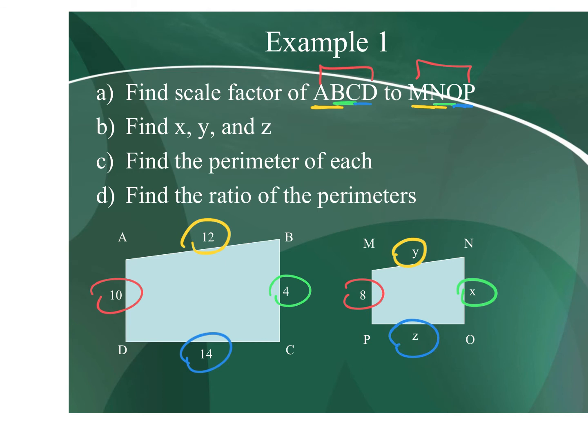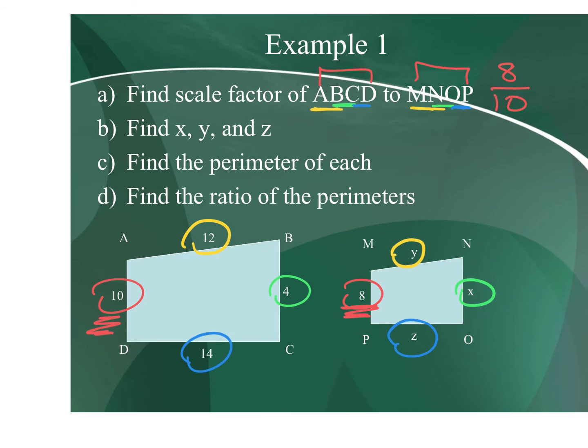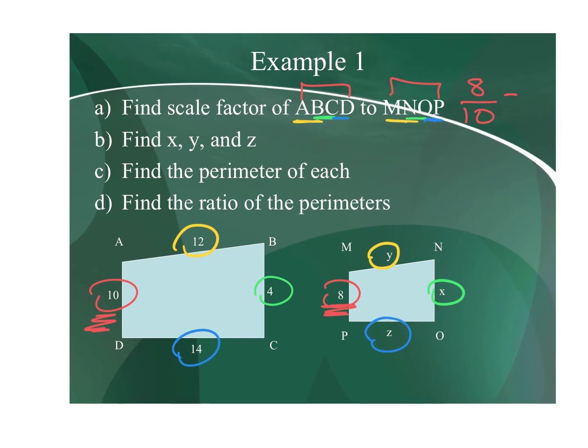So what I'm going to do is I need to take the right side and put it over the left side. So I'm taking the number that was in MNOP and putting it over the side length that it corresponded to in ABCD. And now I'm going to simplify this. So my scale factor here is 4 to 5.